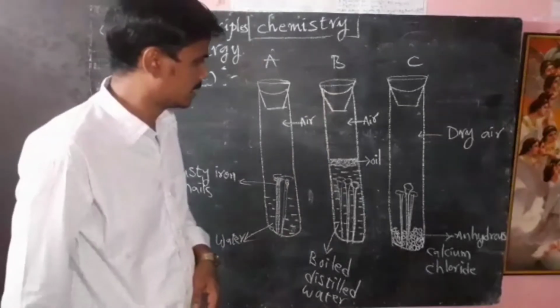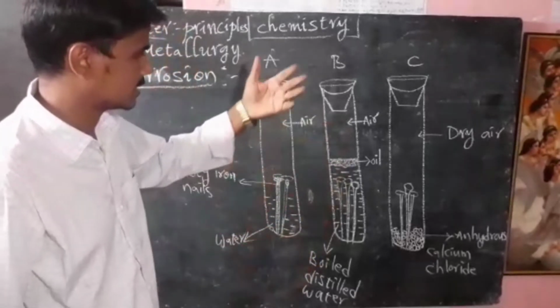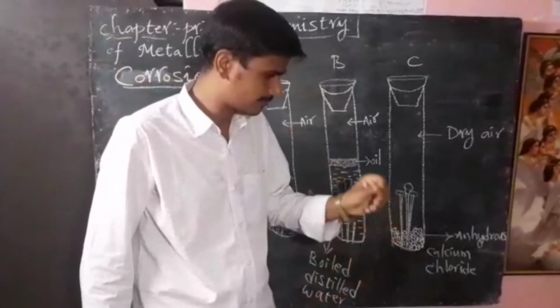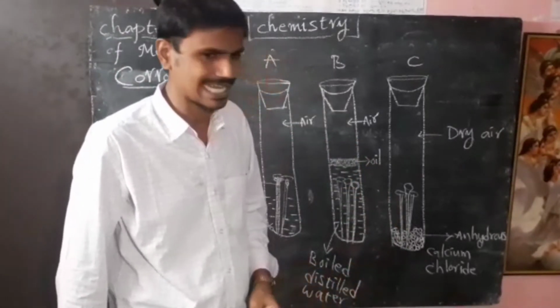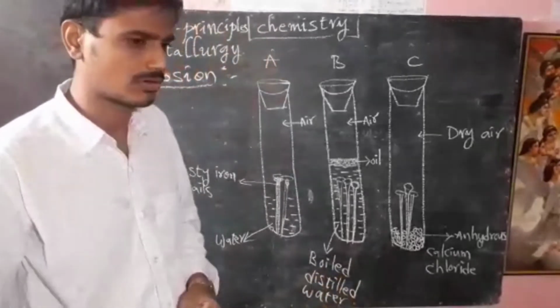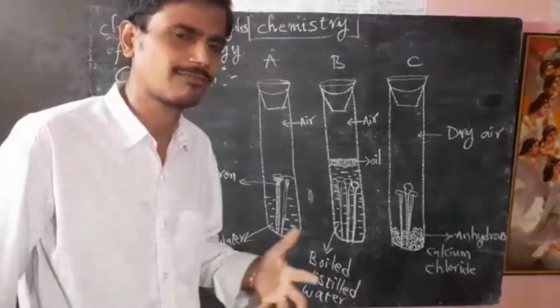Next, when you go to test tube C, we can see some type of granules. What are those? Anhydrous calcium chloride. What is the meaning of anhydrous? Anhydrous means lack of water.